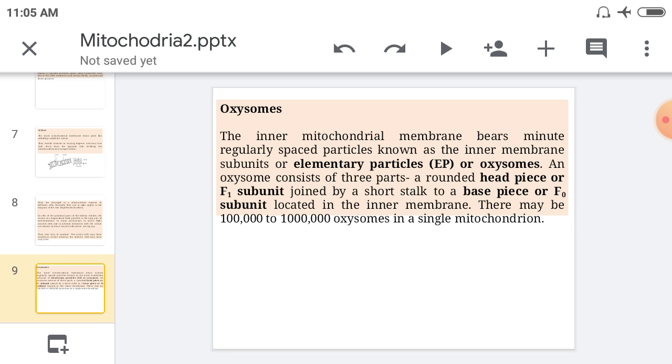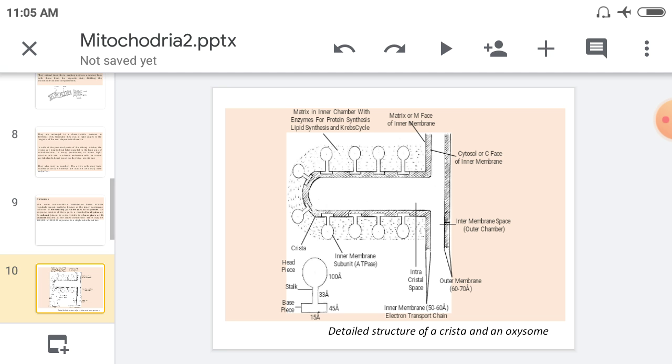The oxysome consists of three parts: a rounded headpiece or F1 subunit, joined by a short stalk to the base piece, or F0 subunit, located in the inner membrane. So here the first is the head piece, also called the F1 subunit, then the short stalk, and then the base piece. It means three parts are present in the oxysome or elementary particle.